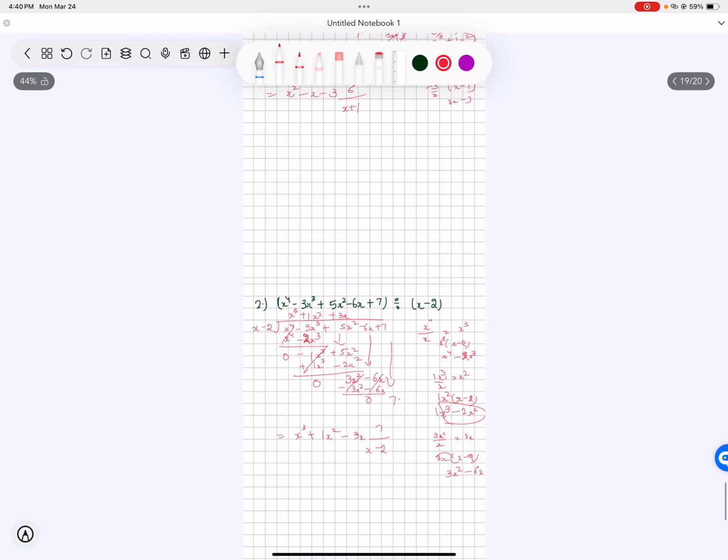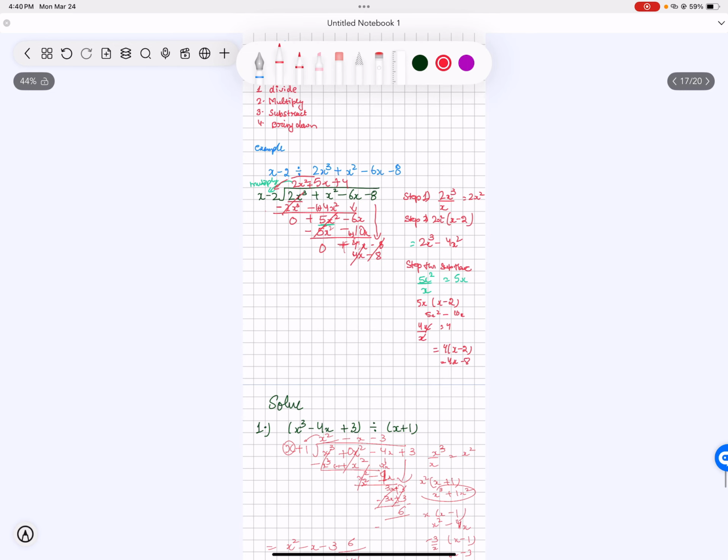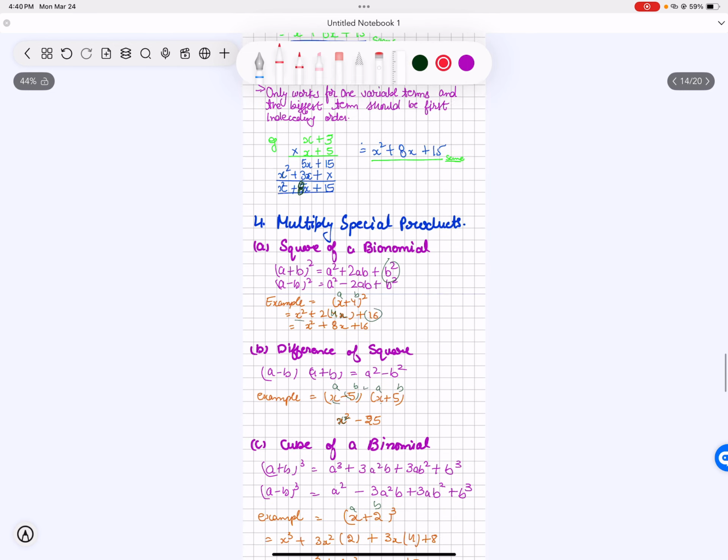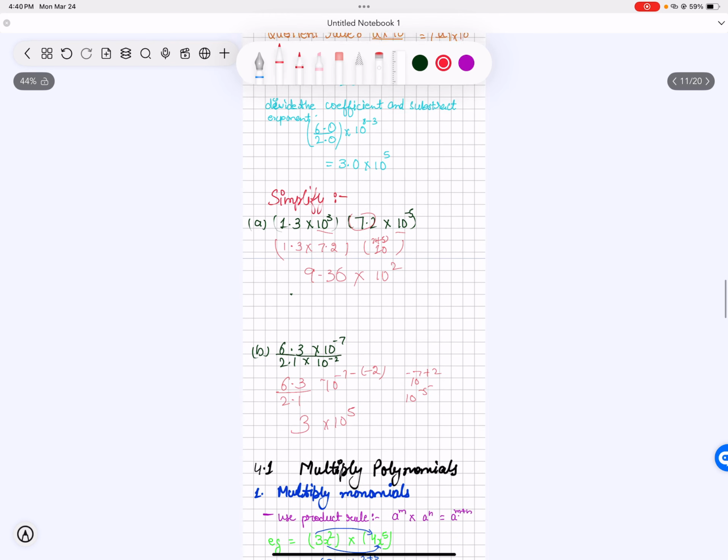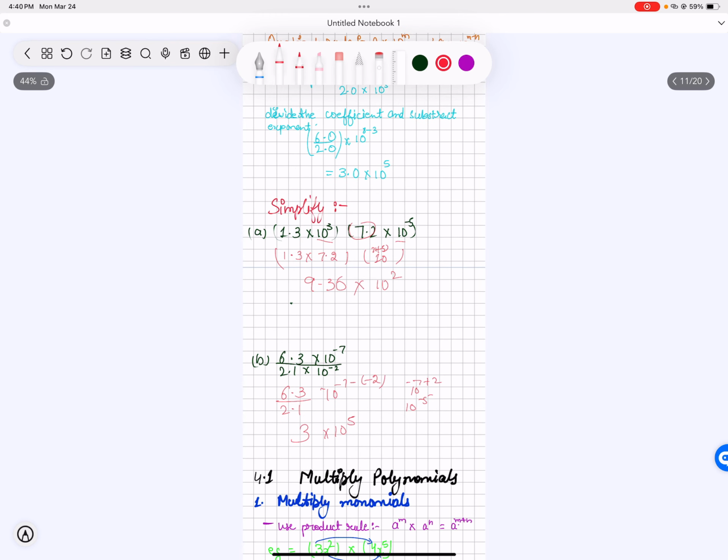So this is how you solve a long division, and that's how you simplify and learn how to do polynomials. Thank you so much.